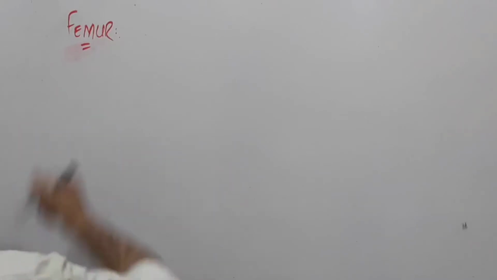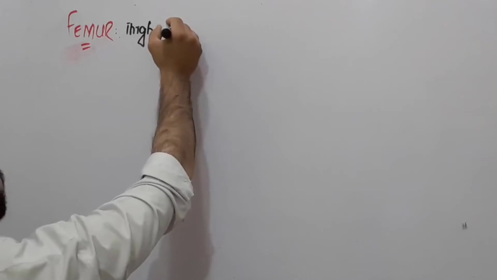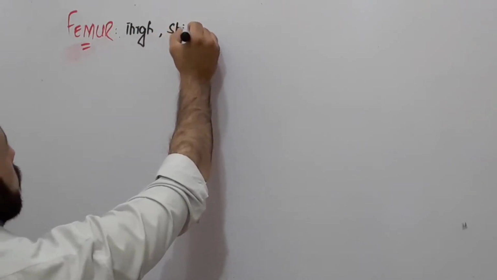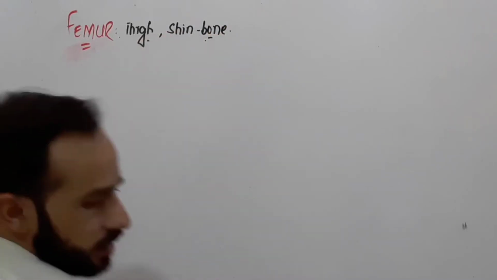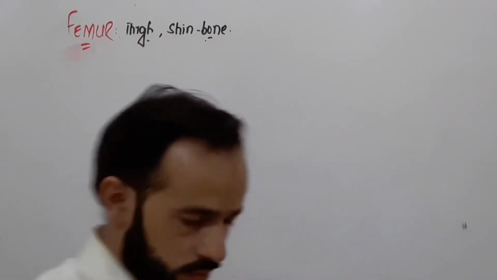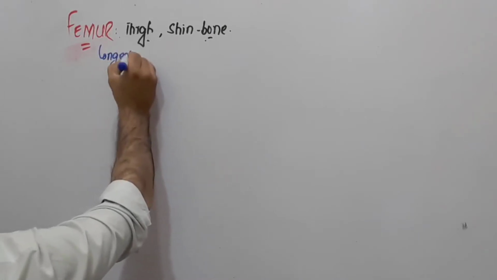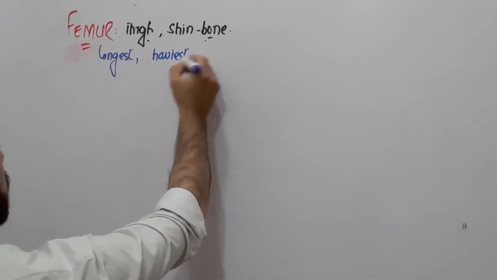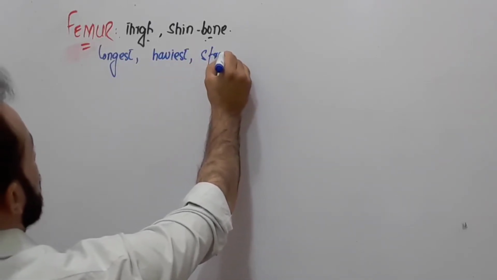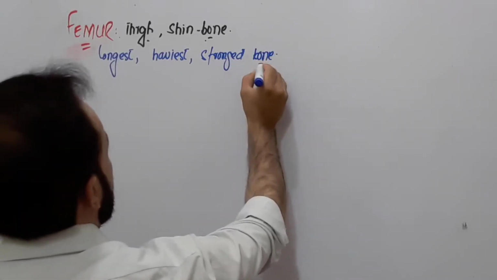Femur is also known as the thigh bone, or the shin bone. It is the longest bone of the body, the heaviest bone, and we can also say the strongest bone of the body.